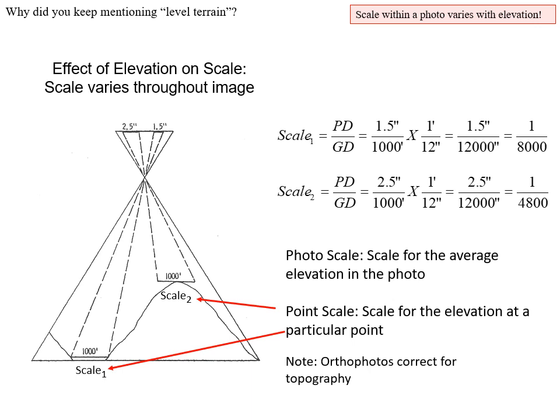However, because the higher elevation has a different geometry, that is, the ratios are different in terms of the distances, as a consequence, the size of the object is larger on the film.